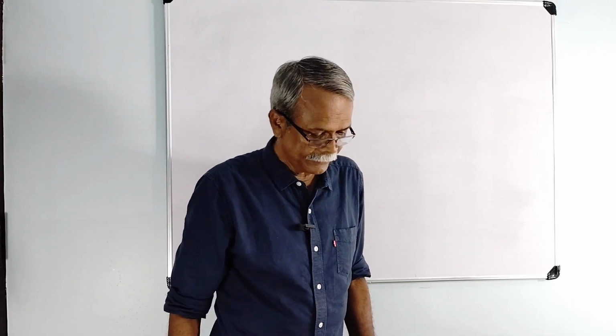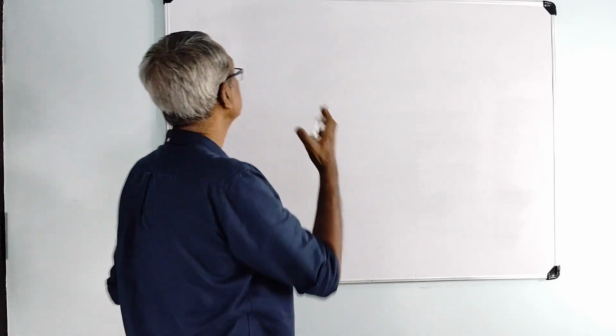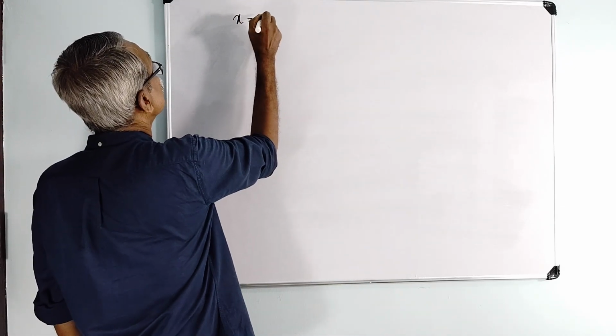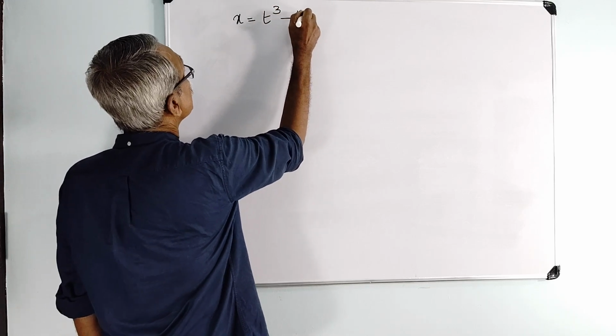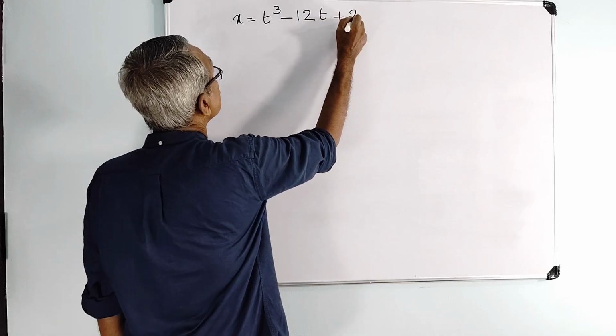Let us analyze one more function, that is x is equal to t cube minus 12t plus 20.